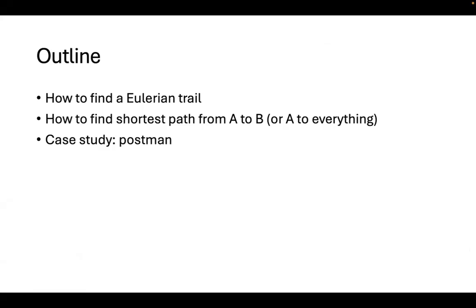How do we find a path from one place to another place in the graph? Preferably, since we're working with weighted graphs, with some minimum cost. So we're going to first look at how do we find an Eulerian trail, then how do we find the shortest path from A to B, or A to everything, depending on how we frame the problem. And then we'll look at the case study.